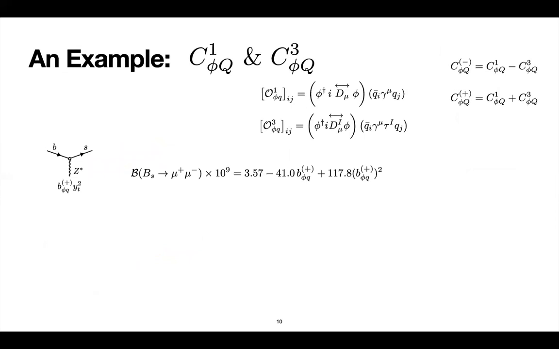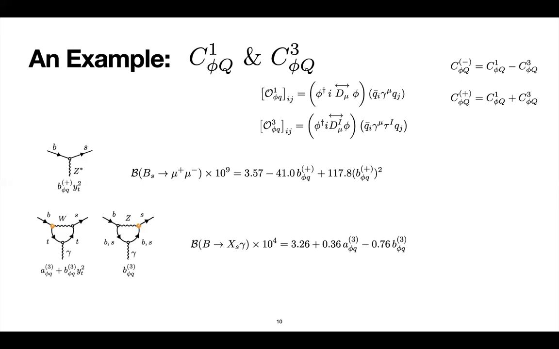So there will be a contribution to BS to mu mu, as I've already pointed out on the previous slide. And here O phi Q1 and O phi Q3 both contribute equally, so it's only the plus combination that is going to be constrained here. And as I pointed out before, due to the tree level matching, we're only sensitive to the flavor breaking part.